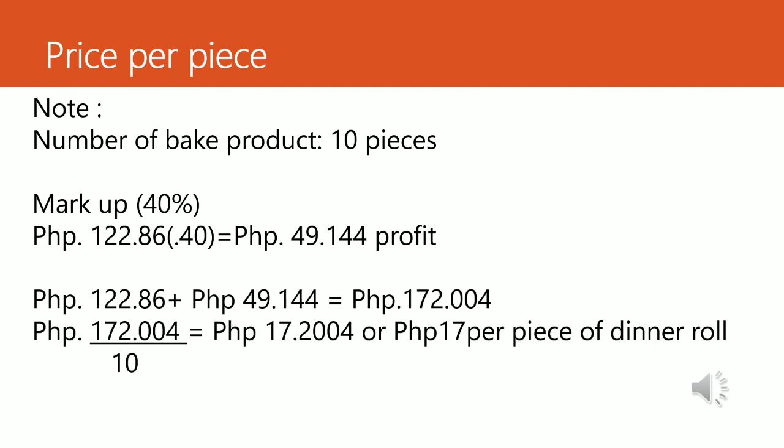To determine the price per piece, we're going to divide 172.004 by 10 pieces of dinner roll, which equals 17.2004. We round up into a whole number, so the price of dinner roll per piece is 17 pesos.